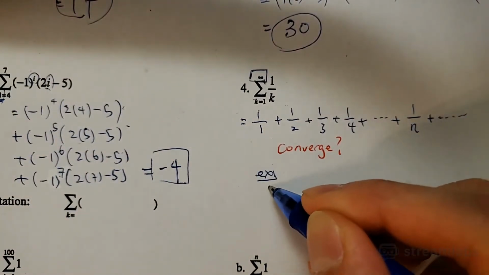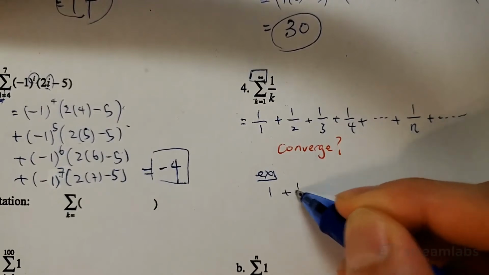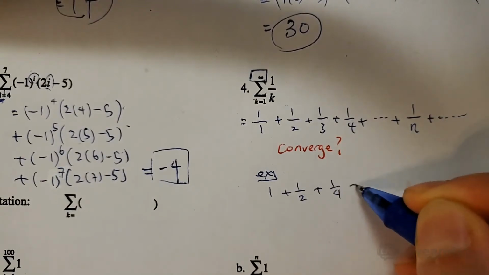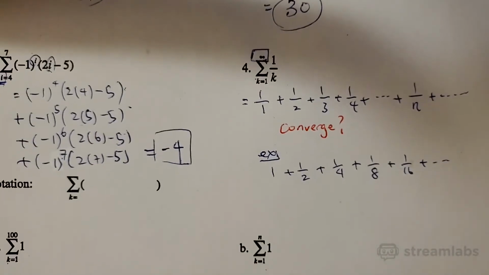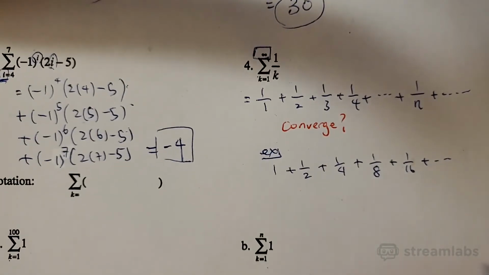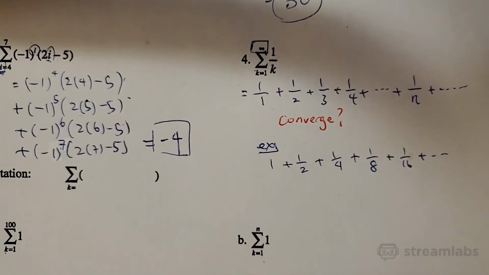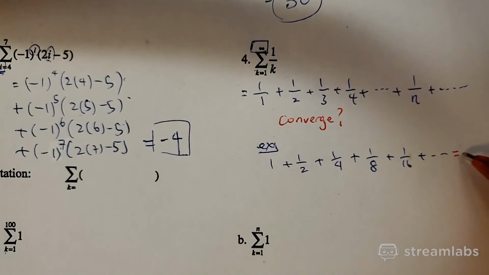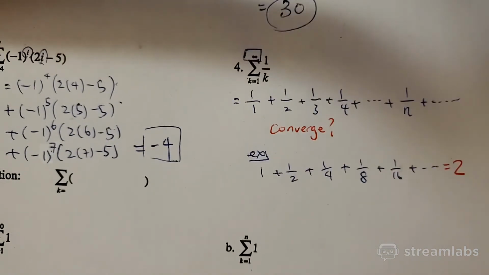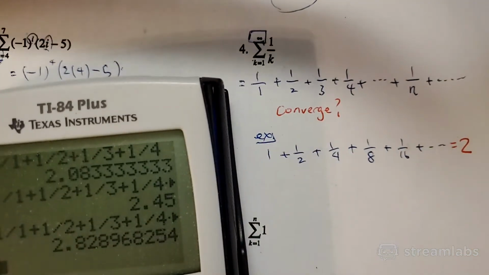Like, as another example, if you have 1 plus 1 over 2 plus 1 over 4 plus 1 over 8 plus 1 over 16, something like this, this converges, right? This is called an infinite geometric series. r is 1/2, so we know eventually this is going to equal 2. You don't believe me? Well, look.